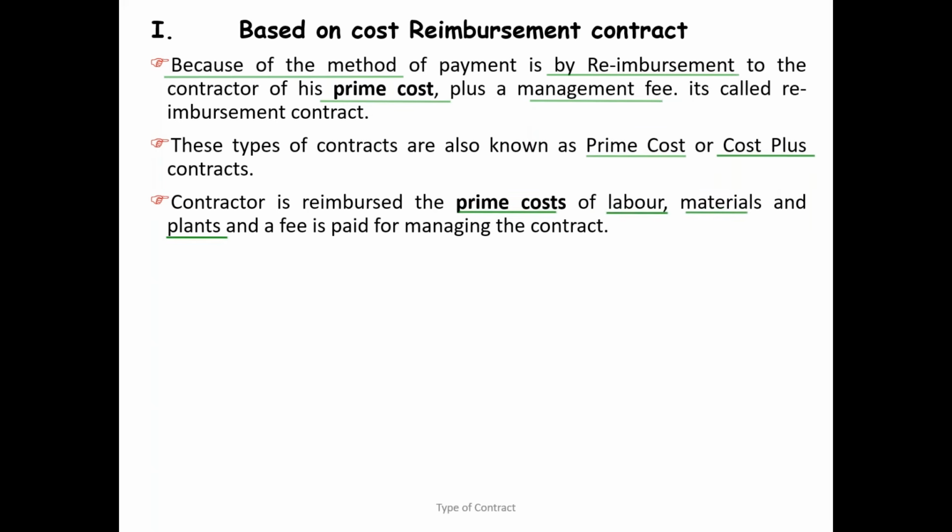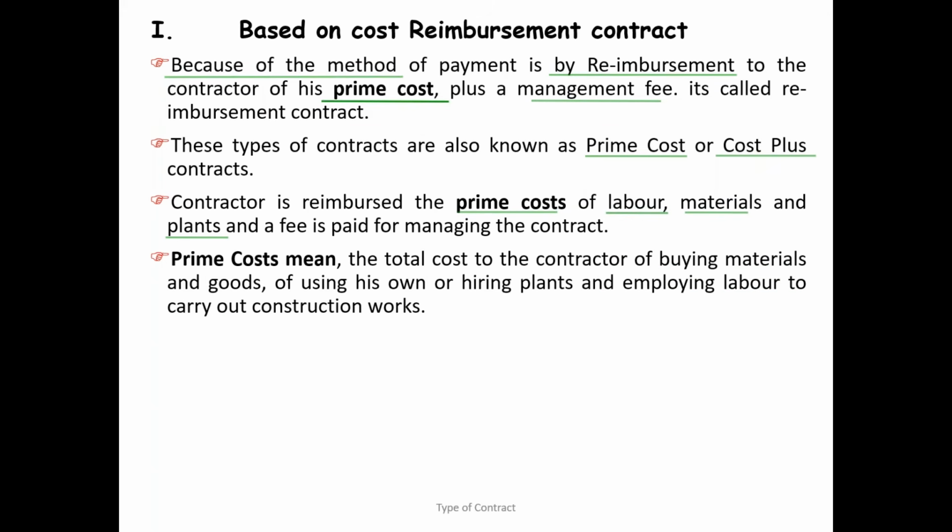If you all remember, any rate in the BOQ has the 5M. One is machinery, manpower, material, which are the 3M, and then money and management. Money is profit, management is overhead. So these are the 5M for your short memory if you want to remember. So prime cost is the 3M: cost of labor, material, and plant.